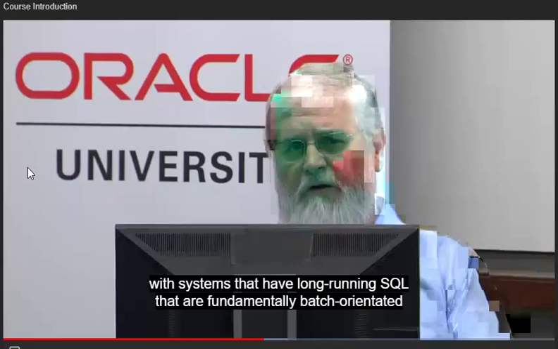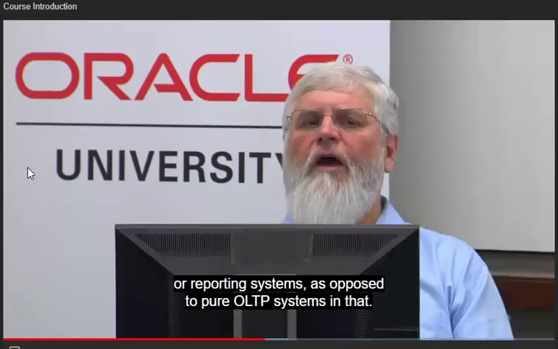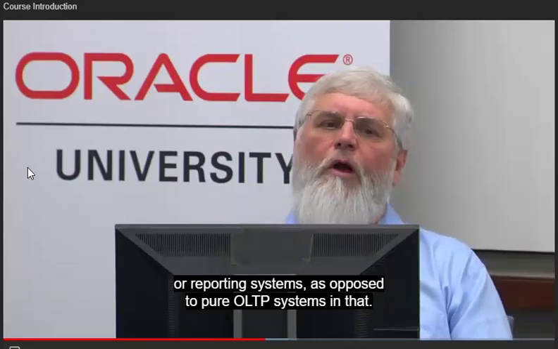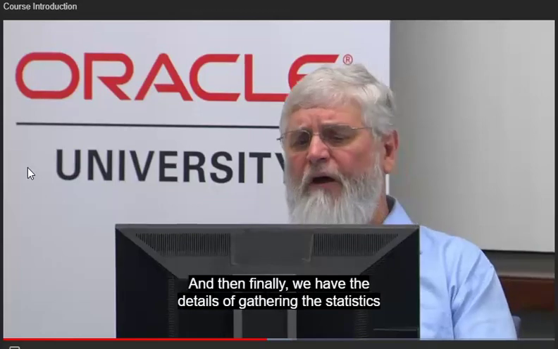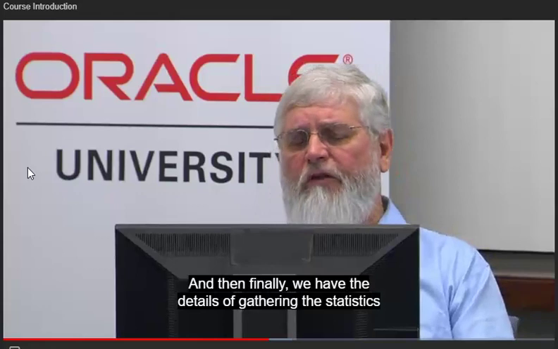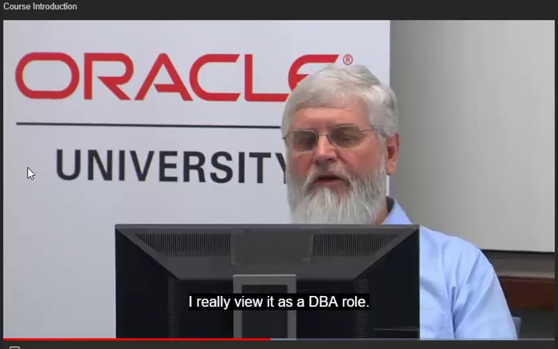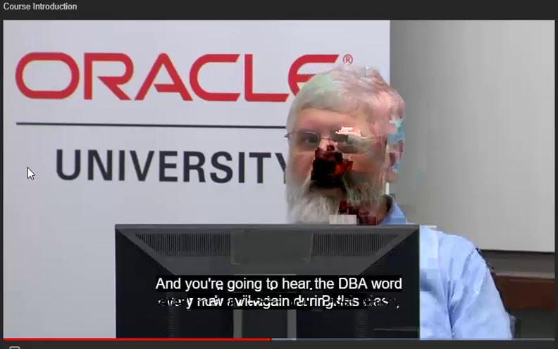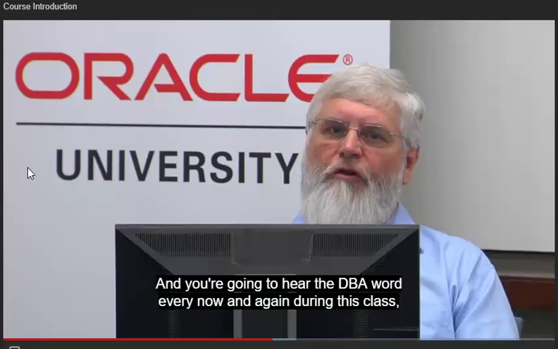And then finally, we have the details of gathering and managing the optimizer statistics. I really view it as a DBA role, and you're going to hear the DBA word every now and again during this class, even though it's intended for developers. So we put it in just in case you're working on your own test database and you need to gather statistics. It's good to have the information.